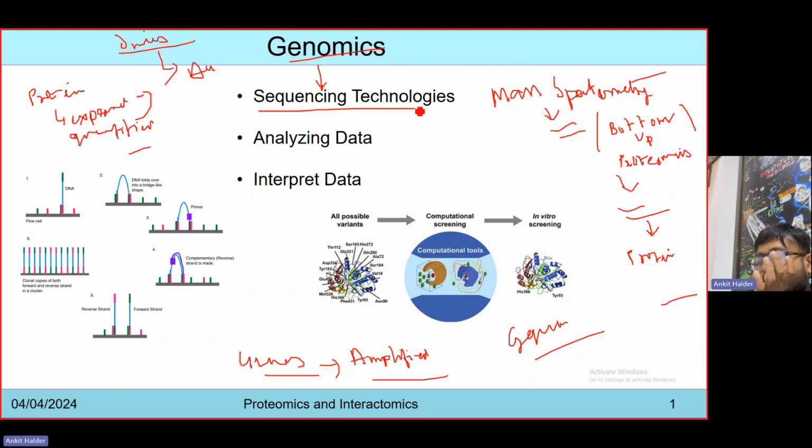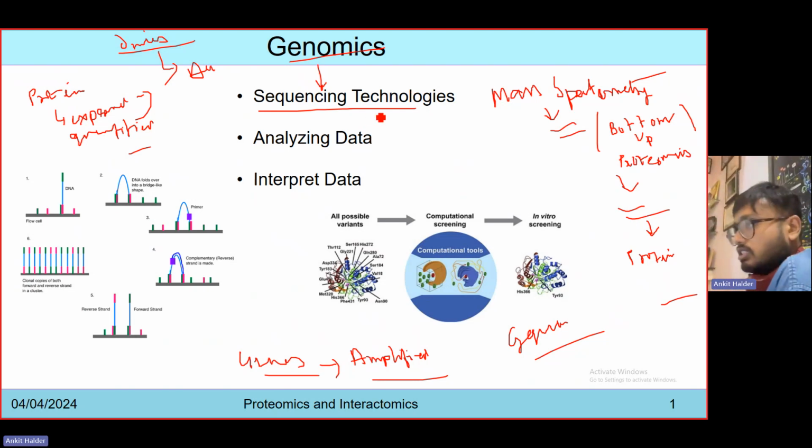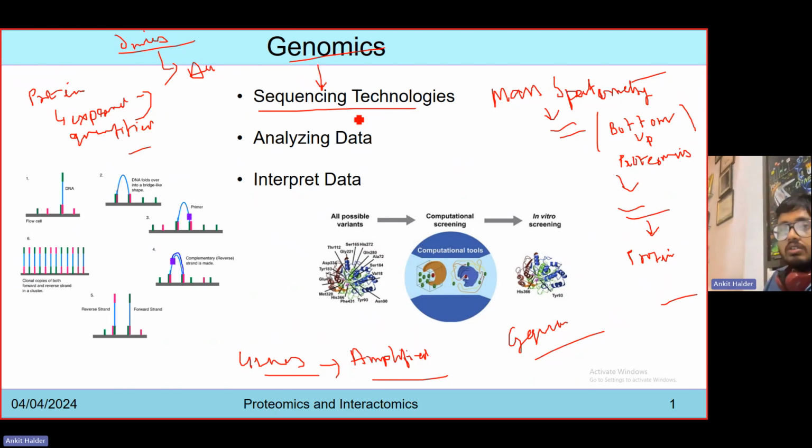So it is like the sequencing technologies where we have the sequences, and then once we have got the whole sequence done and understand the whole sequence, we have to analyze the data and finally interpret the data.